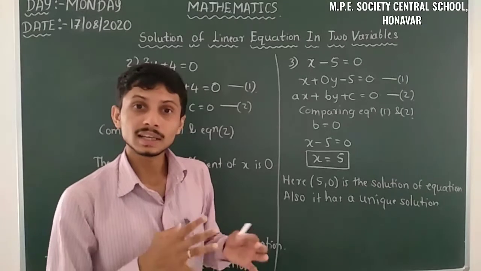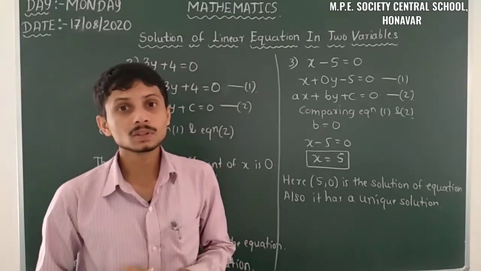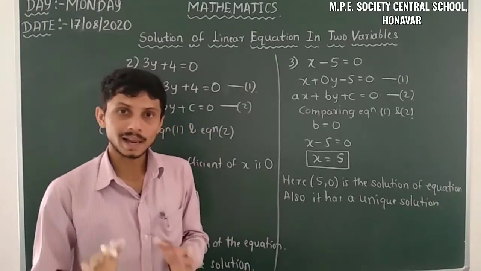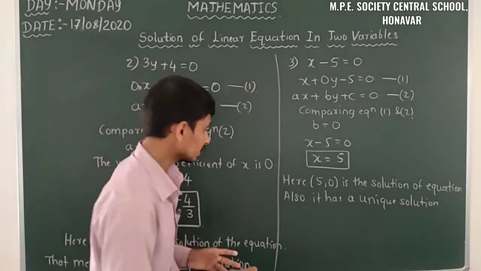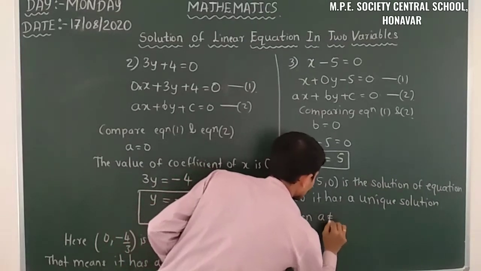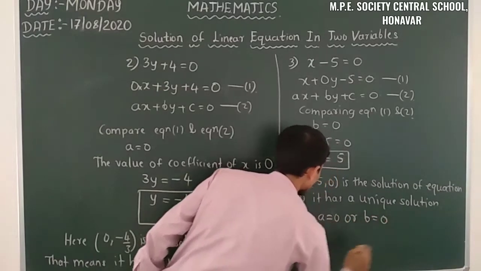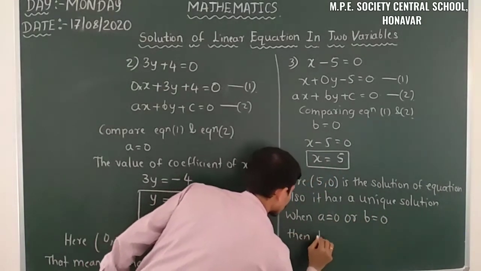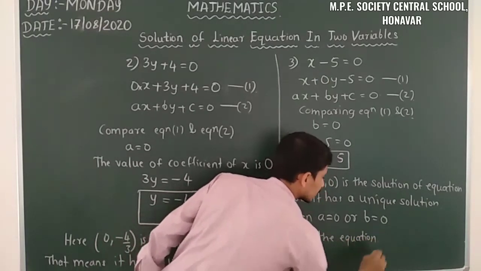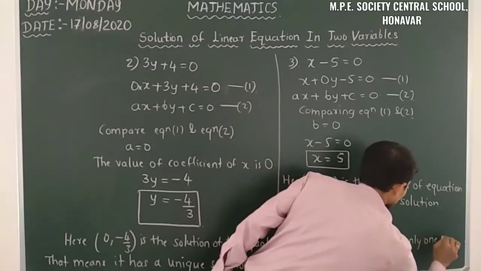That means when a is equal to 0 or b is equal to 0, any one of the coefficients of x and y is equal to 0, then that linear equation in two variables has only one solution.